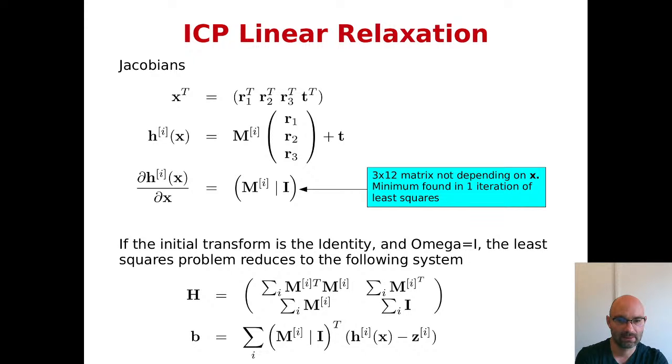Setting this transform as the identity results in the following formulation for H and for B, where H is the sum of J transpose omega J, and B is J transpose omega E. So if you take this Jacobian here and you multiply it by itself transposed, and then you sum them up, you figure out that you will obtain the following function for the H matrix and the following function for the B vector. Okay?